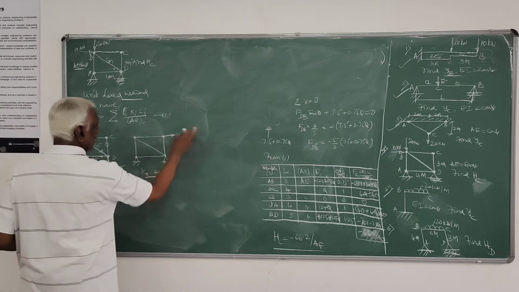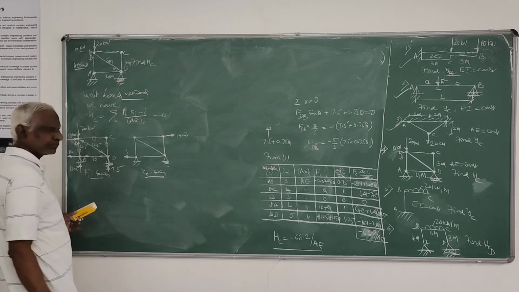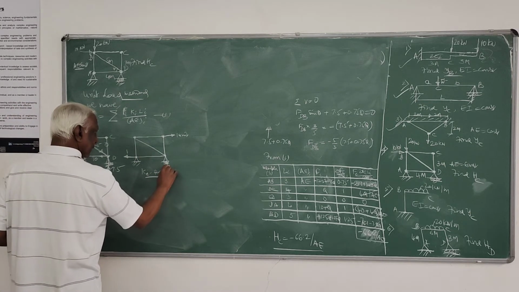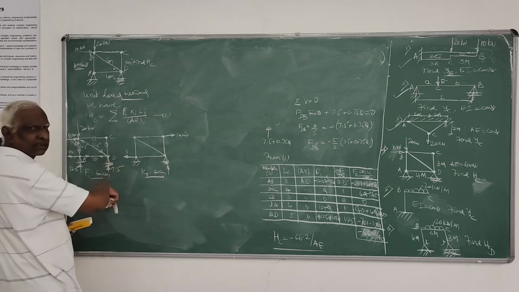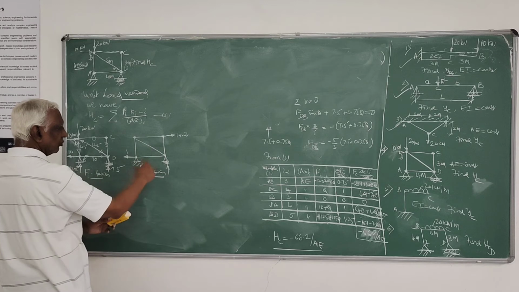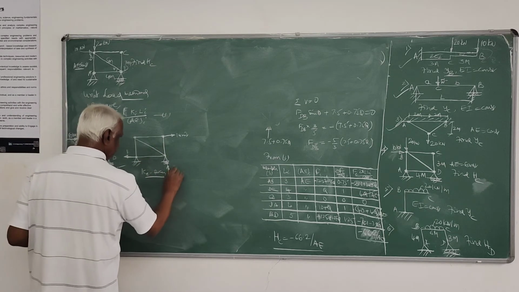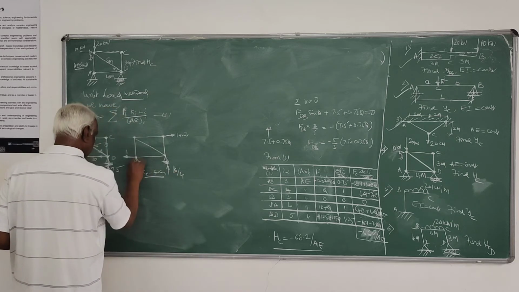Then here, this is 1, therefore you have to get 1 here. Then 1 into 3, or 3 into 4, so this is 3 by 4, 0.75.